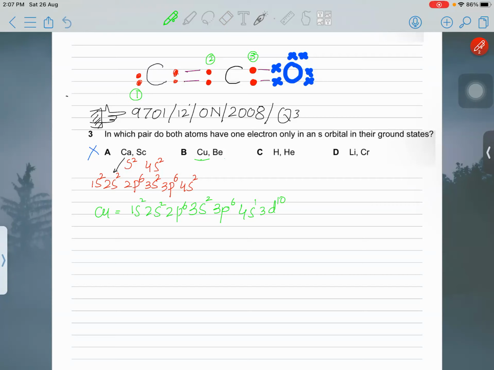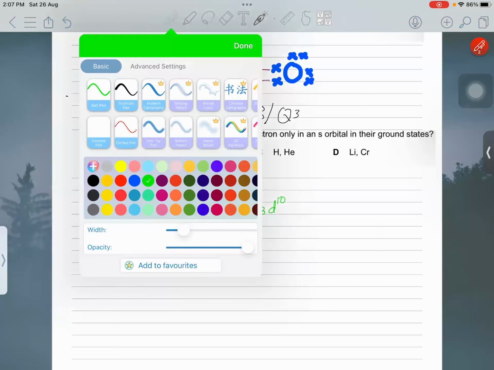This is copper. Now can you tell me how many electrons are in the valence orbital? In which pair do both atoms have one electron only in its s orbital? Is this option correct or wrong? Wrong, sir, because copper is correct, as it has one electron in s orbital.